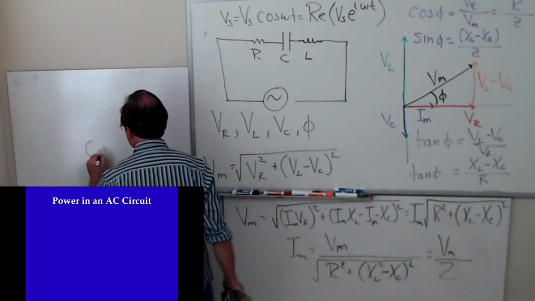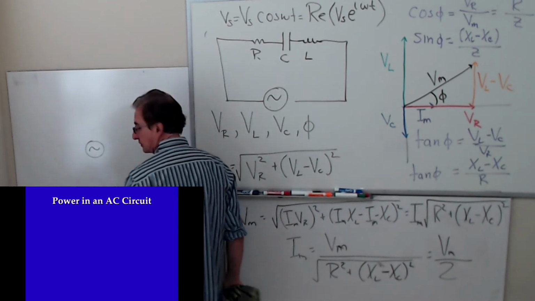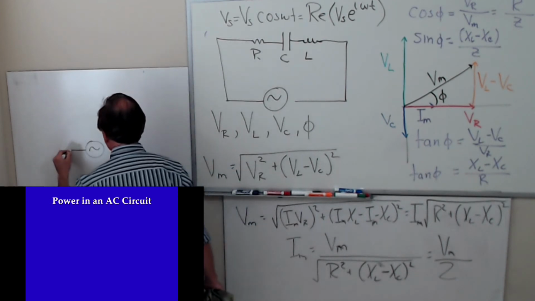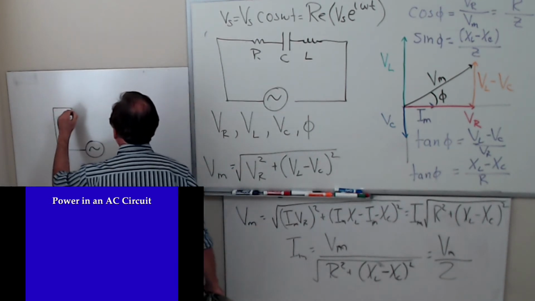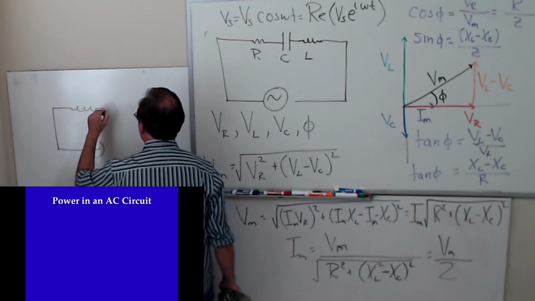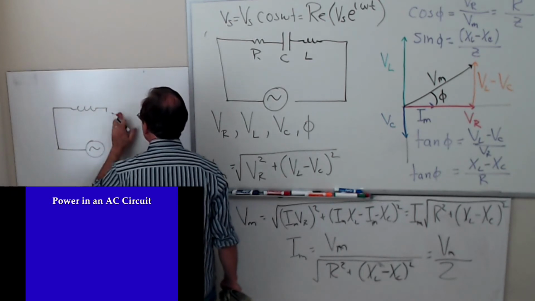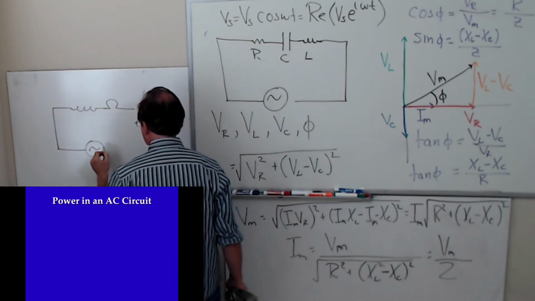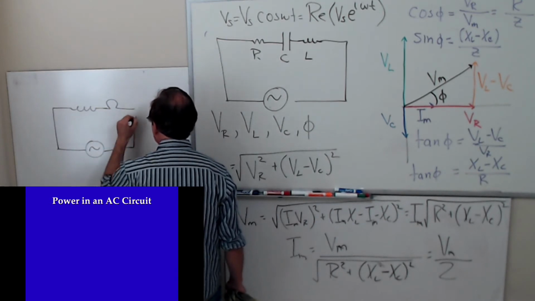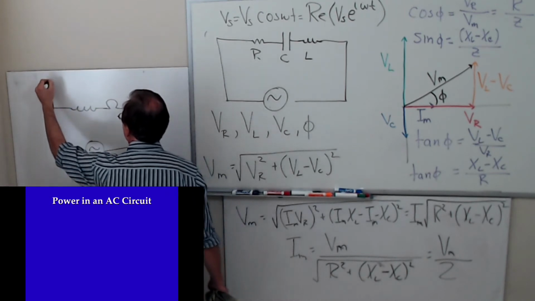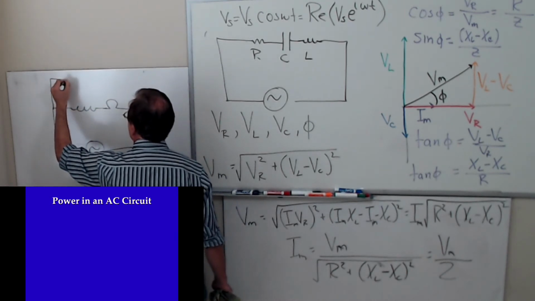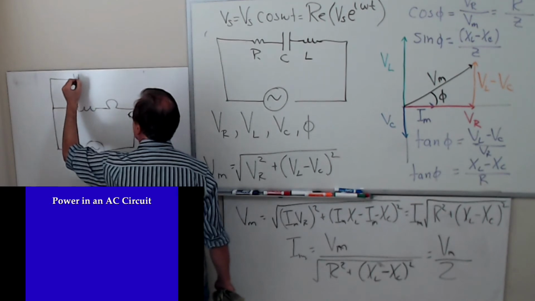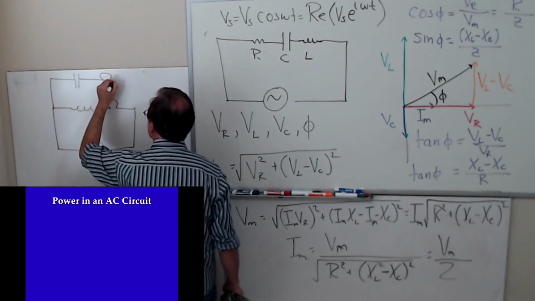I have a power supply. I have an inductor. I have a light bulb. Here I have a capacitor. And I have a light bulb.